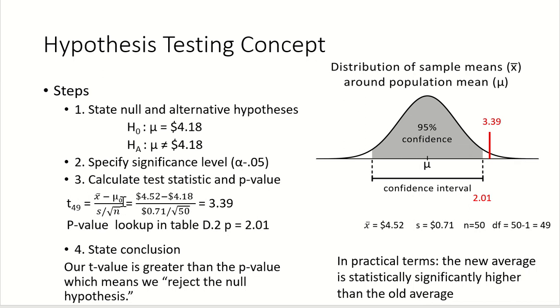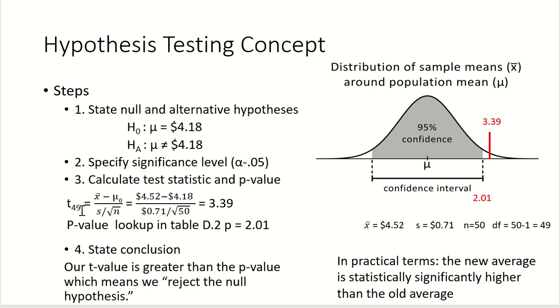Calculate the T statistic. The T value for degrees of freedom 49, once again, this is the degrees of freedom idea. We know the degrees of freedom is sample size minus 1.